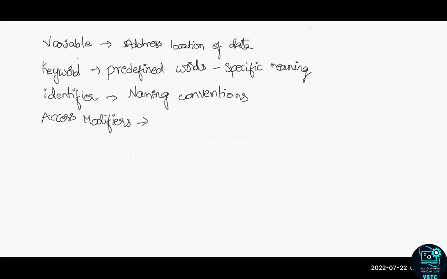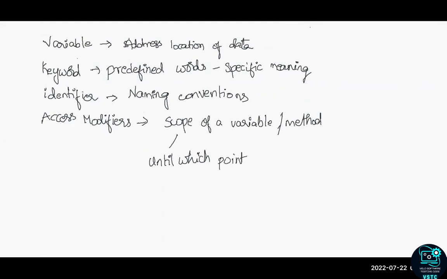To specify the scope of a variable or a method. Access modifier means the scope of a variable. Scope means until which location, until which point the variable will be visible.